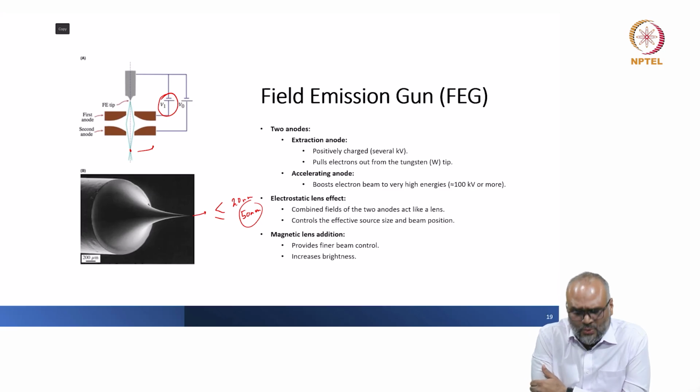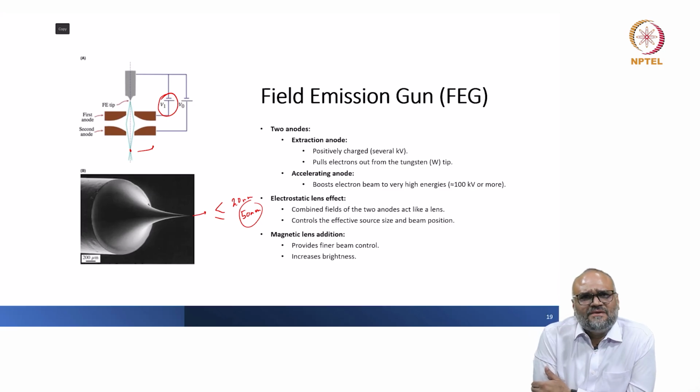And with this kind of a combination of multiple anodes and addition of a magnetic field lens, you have much better beam control. You can make the beam converge to a much finer point, and you have increased brightness.